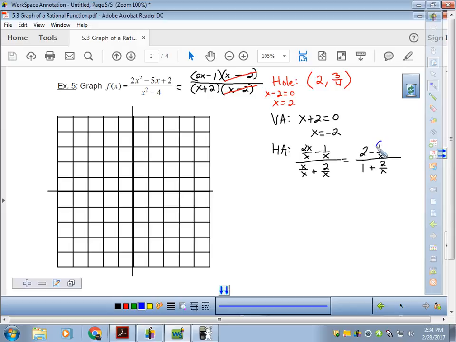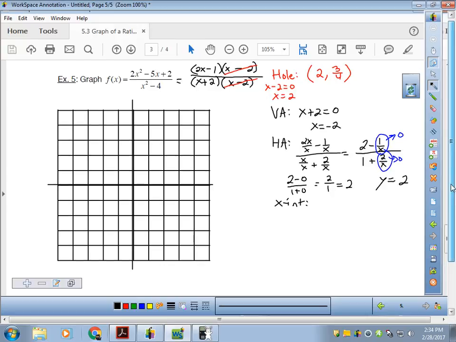These fractions that are left that still have x in the denominator are going to go to 0. So I really have 2 minus 0 over 1 plus 0, which is 2 over 1, or just 2. So y equals 2 is my horizontal asymptote.